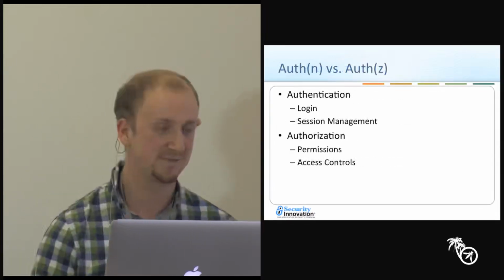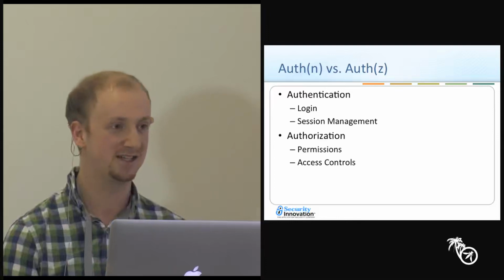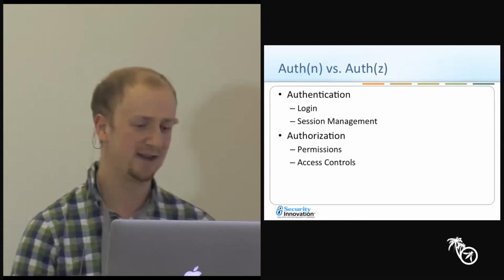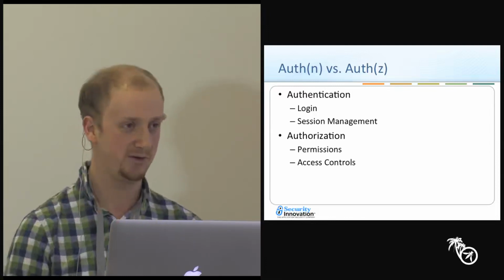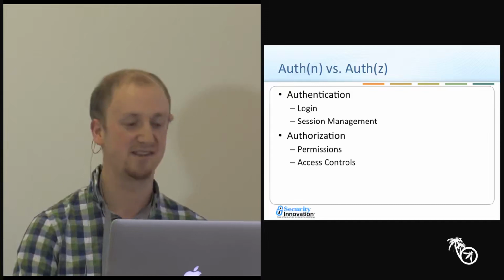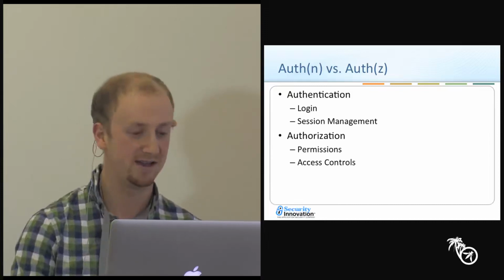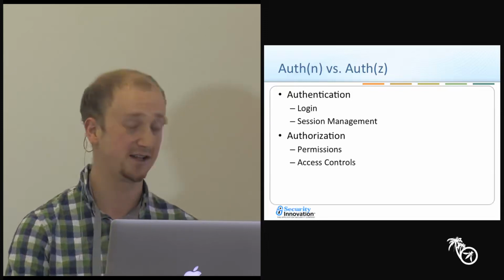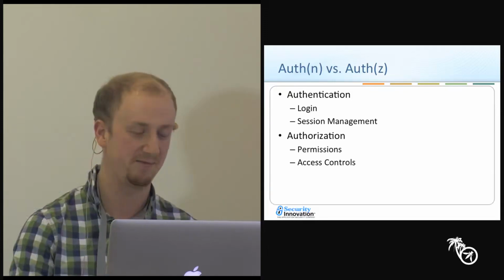I want to quickly point out the difference between authentication and authorization. Some people might disagree with the exact specifics, but for the sake of this talk, we'll think of authentication as proving who you are to the application, to the server. And this is done usually by a login, maybe a single sign-on. And at that point, it's all session management. So what kind of session tokens are used? How secure are those tokens? Where's the entropy coming from?